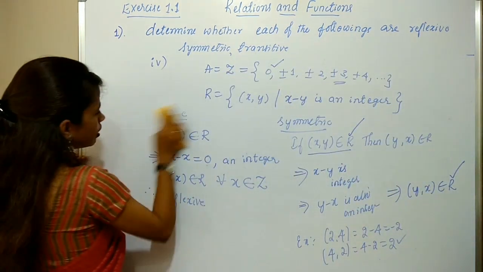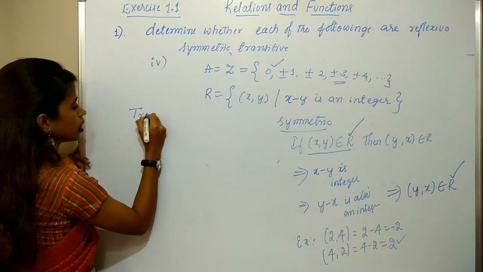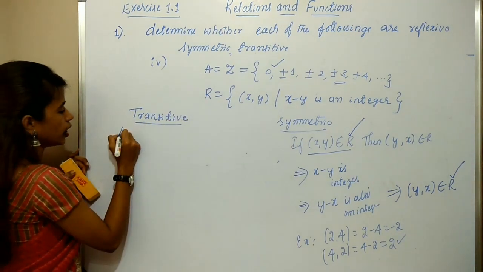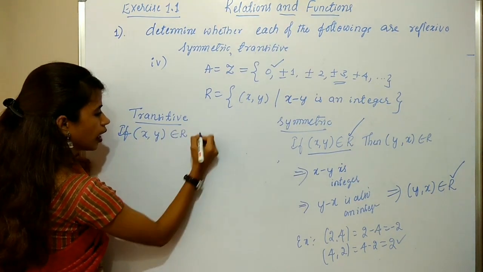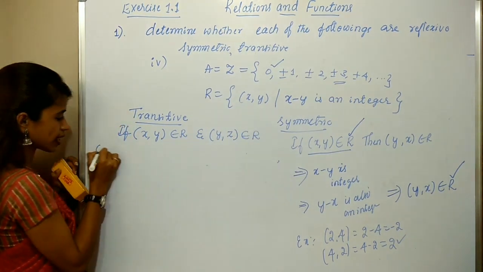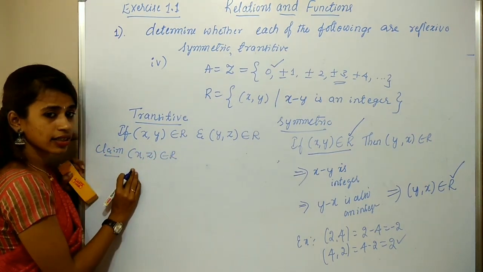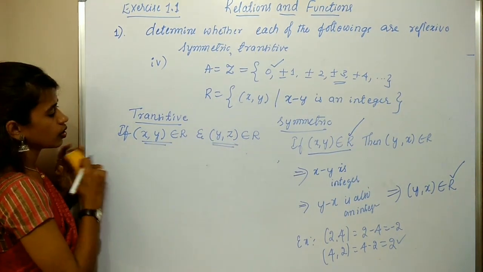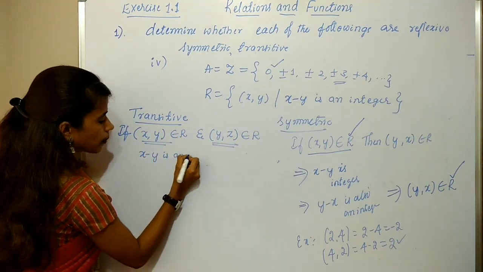Next, transitive relation. For that, take two ordered pairs, namely (x, y) and (y, z). What is the claim? (x, z) also belongs to R. That is our goal. So take these two pairs. (x, y) belongs to R means x minus y is an integer.